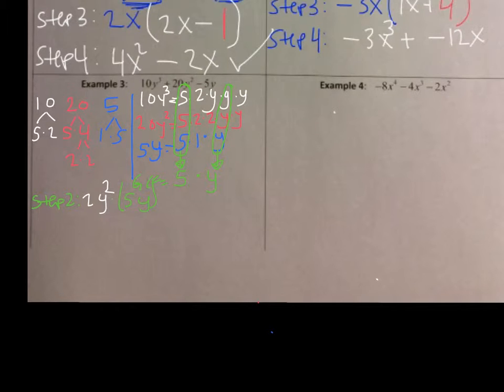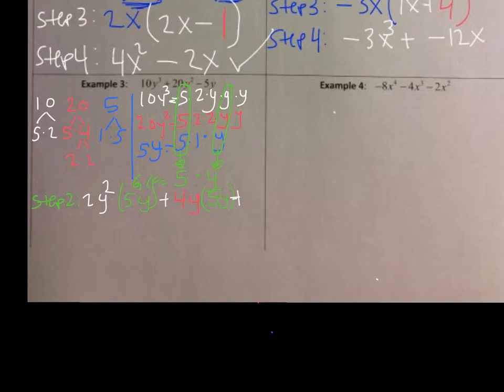And then we're going to add that to the next term, which is 20y squared. When we factor the 5y out, we're left with the 2 times 2 and y at the end over here. So 2 times 2 is 4, times y is just 4y, and multiply that by our greatest common factor, which is 5y, plus our last term.